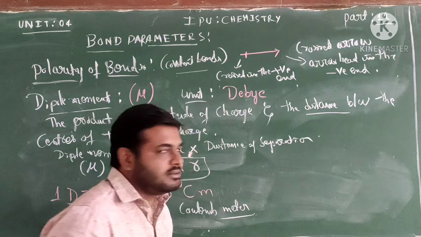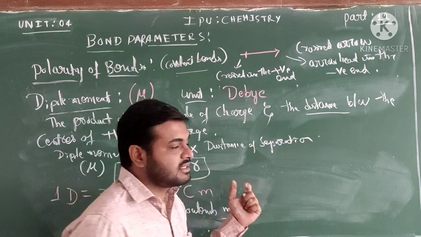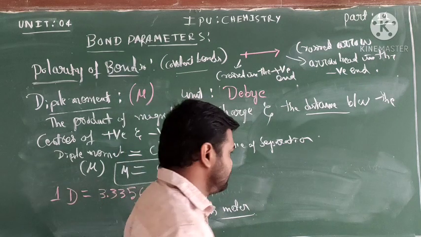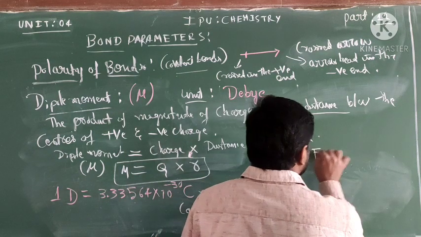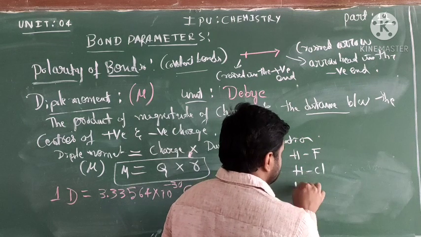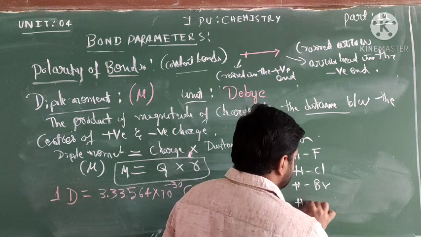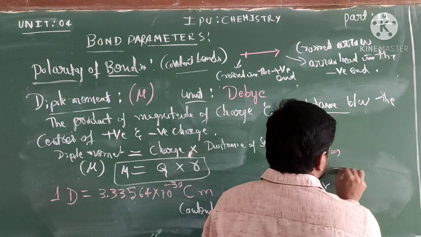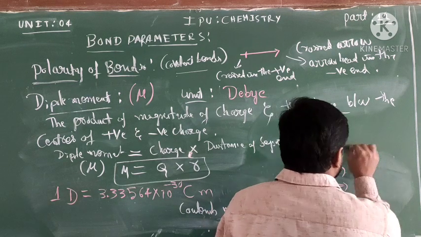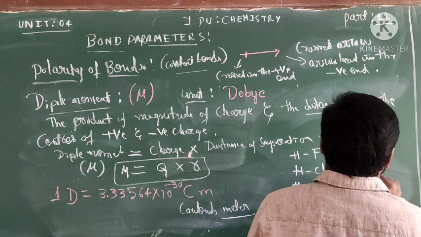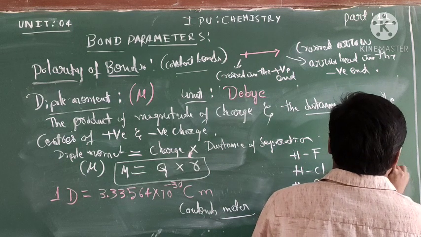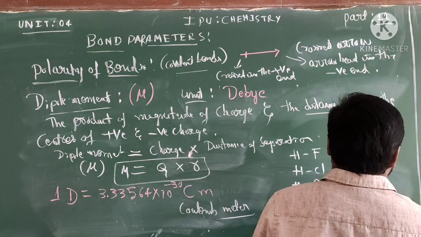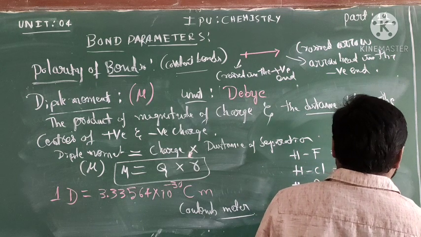Now look at some examples of dipole moment values. For HF, HCl, HBr, HI, the values are 1.78 D, 1.07 D, 0.79 and 0.38.